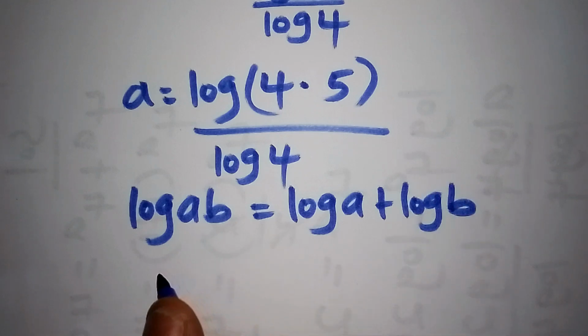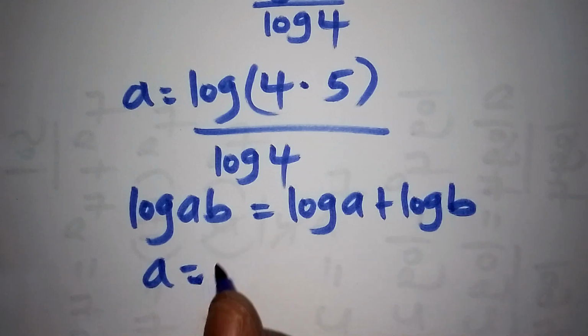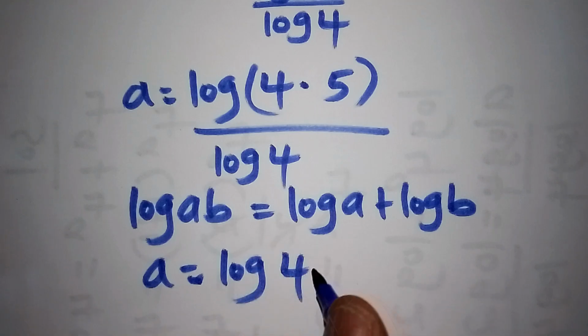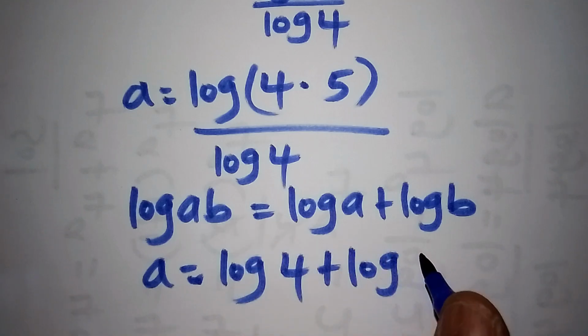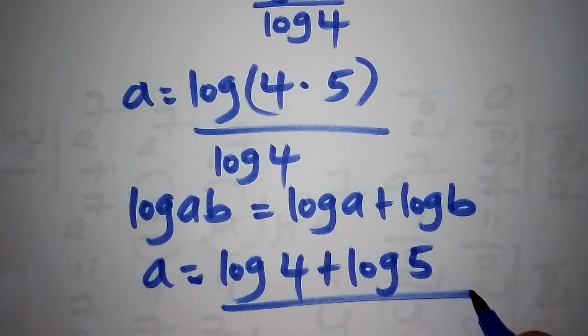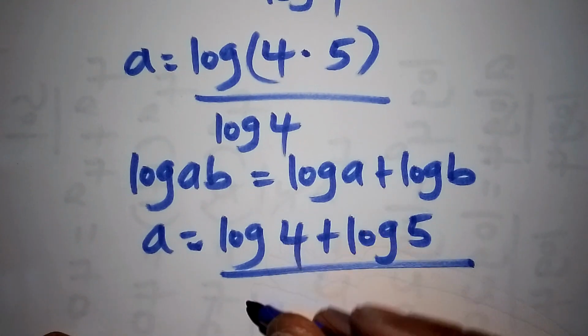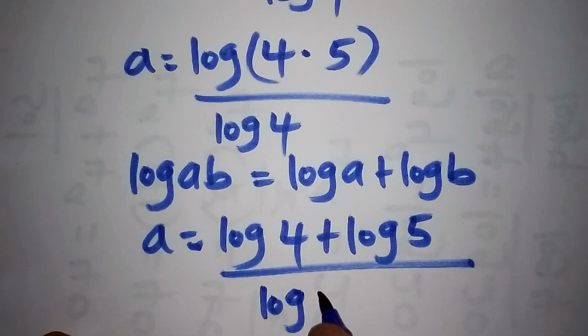There we shall have a equals the log of 4 plus the log of 5, all over the log of 4. The log of 4 can also be written as the log of 2 to the power of 2.